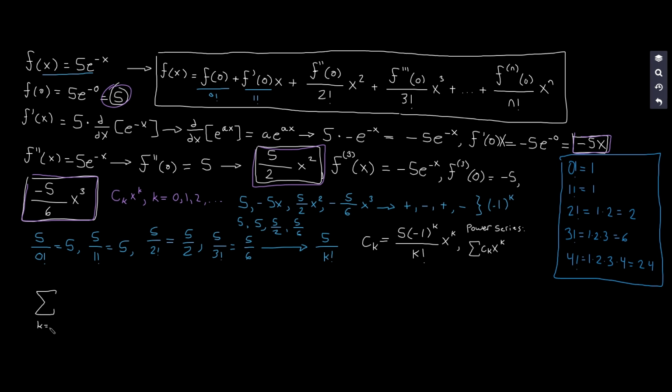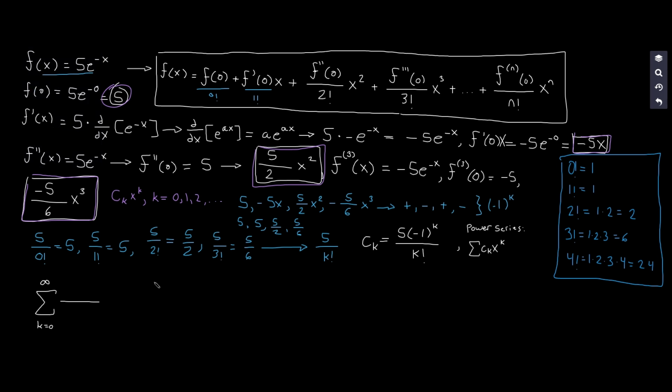The summation from k equals 0 all the way up to infinity for c sub k, which honestly, let me just be real, this is the proper way to do it. c sub k equals 5 times -1 raised to the power of k over k factorial.